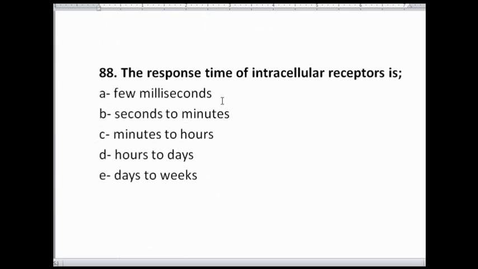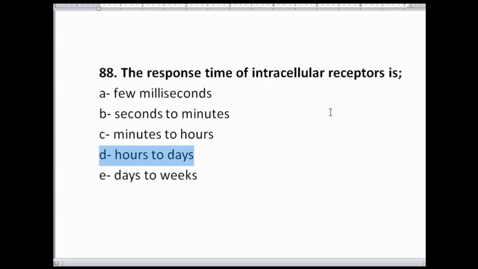Now the eighth MCQ, the response time of intracellular receptors is, again options are there, and the correct answer is hours to days. These are intracellular receptors.